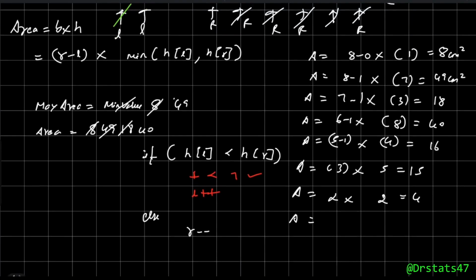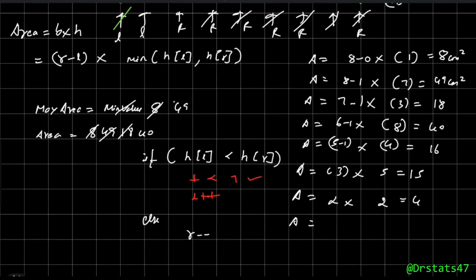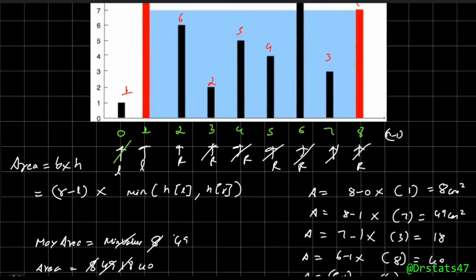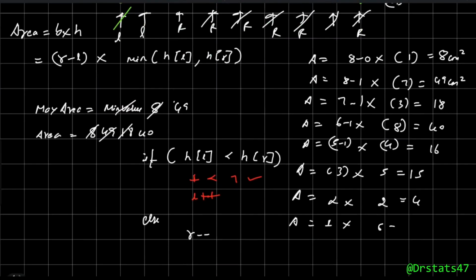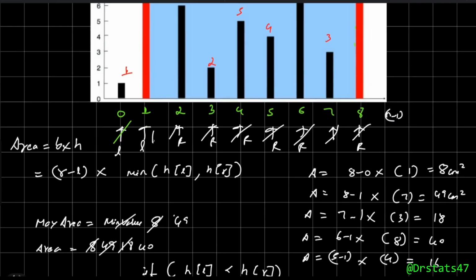Now the last area we are calculating, r will be moved, and 2 minus 1 is 1 into the minimum among these two, which is 6. 1 into 6 is 6. After this, the right pointer moves here.